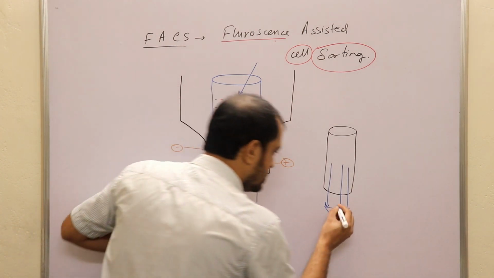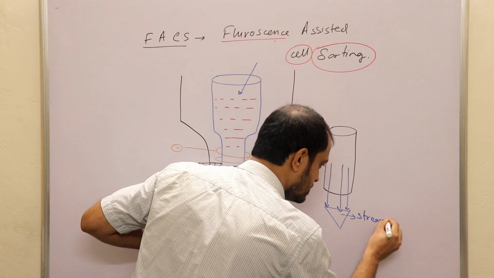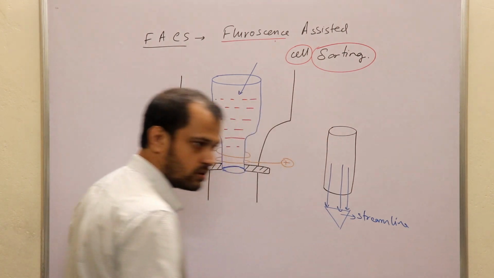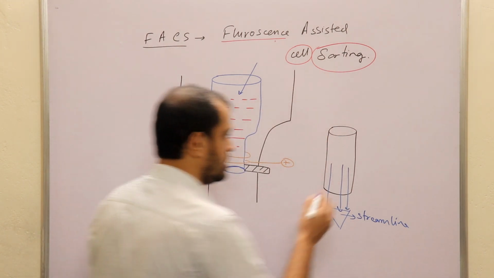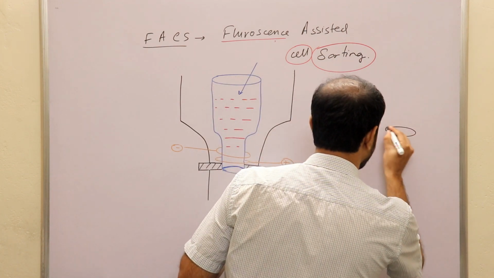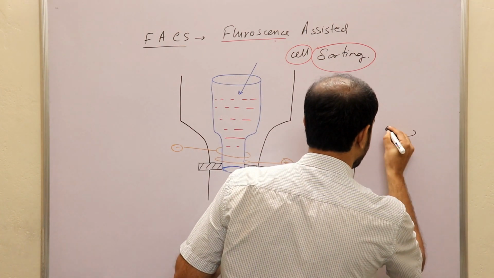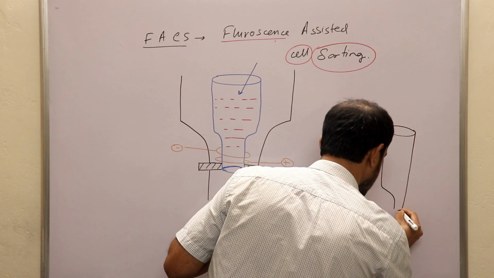Wrong. Listen. At this point, they will be streamlined, no doubt about this. But there arises a problem when this happens. Suppose I draw a similar tube here and I add a nozzle to it.